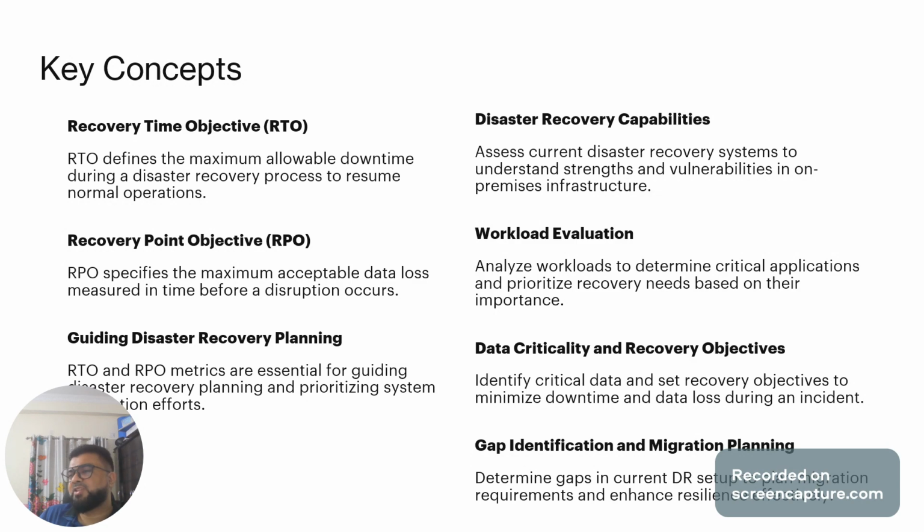Finally, gap identification and migration planning is essential. Here we determine any gaps in the current DR setup to plan migration requirements and ensure that the AWS solution enhances resilience effectively. By keeping these concepts in mind, we can design a DR solution that not only meets technical requirements but also aligns with business continuity needs.